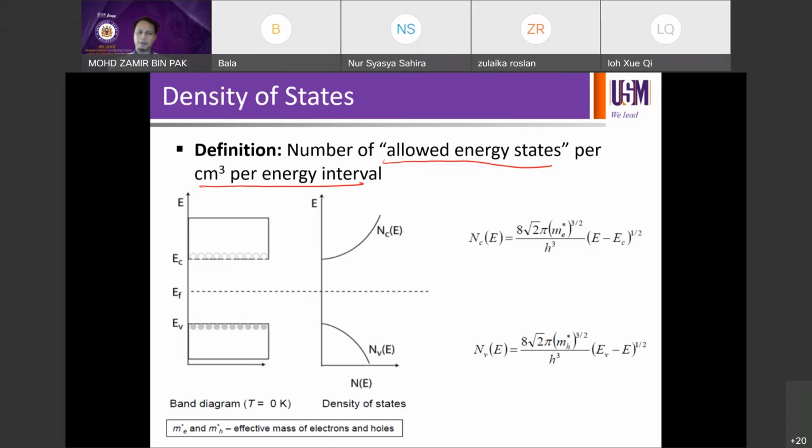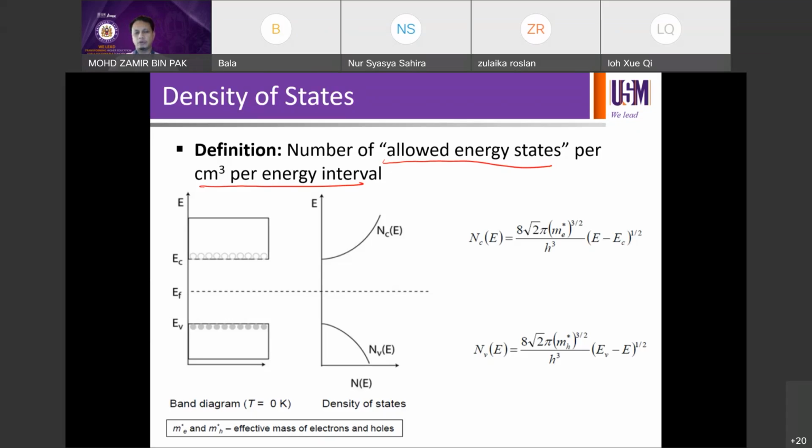If you push, perhaps you can go up to 15 or 20, for example. Then it couldn't accommodate any new person anymore, right? So that's the definition of DOS, density of states: the number of allowed energy states per centimeter cube per energy interval. And when you want to relate density of states, you always have to go back to the band diagram.